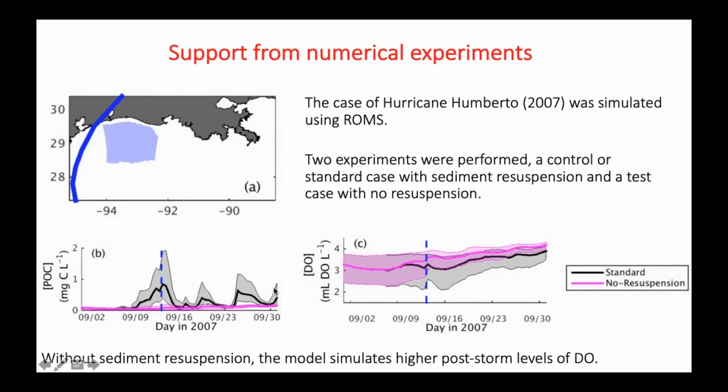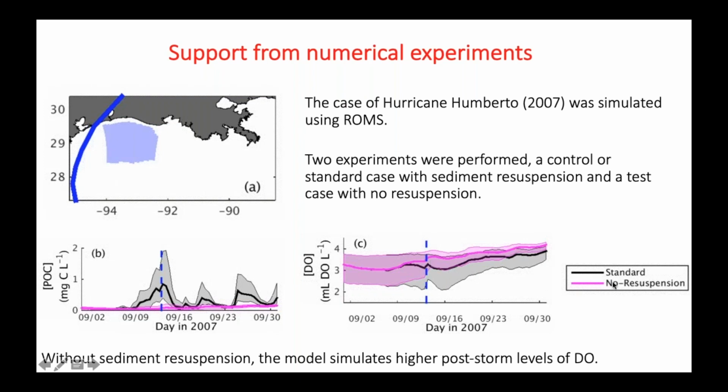And consistent with this, here you see the effect on DO. And again, in the case without resuspension, you see a significant increase in DO after the storm. So this is the pre-storm, and then this vertical line indicates the arrival of the storm. So relative to the pre-storm state, there is an increase in DO in the post-storm.